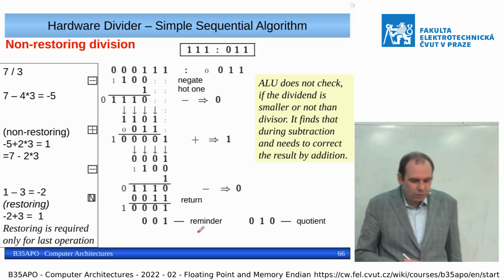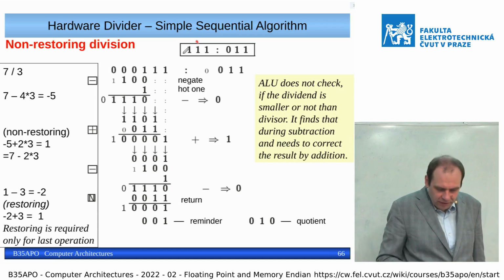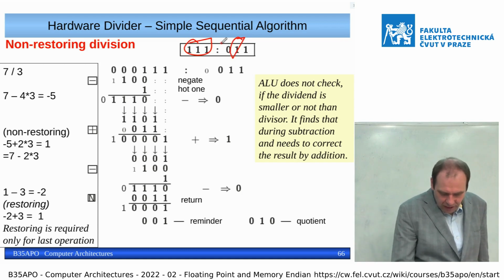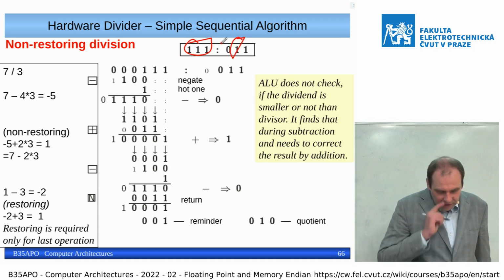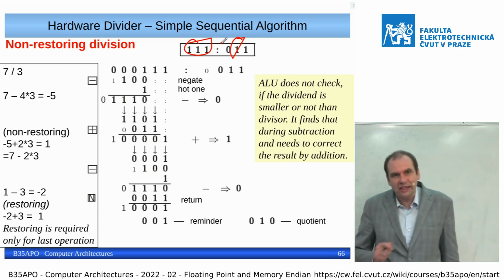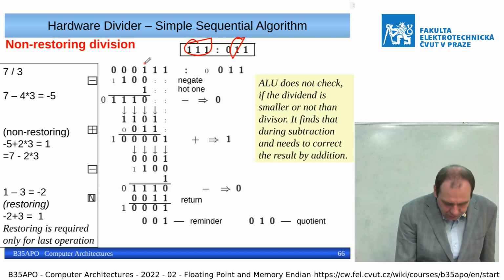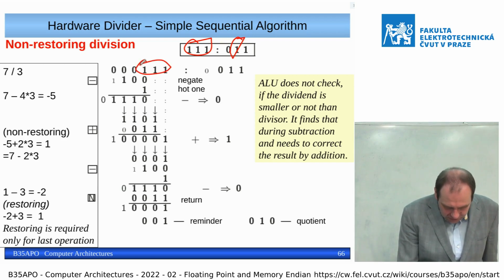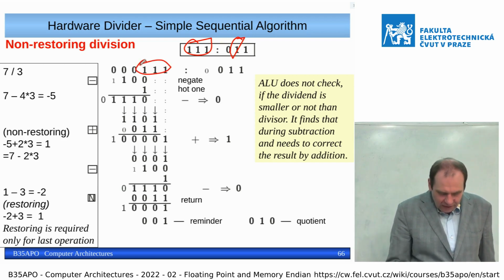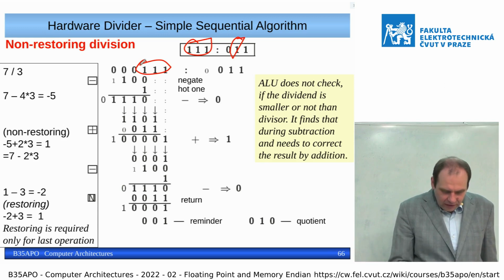One option how to compute a division is, we want to divide 7 by 3 in this case. We again can use the same logic which we used for the multiplication. So we have put a 7 here, and now we test if it is possible to subtract the 3.